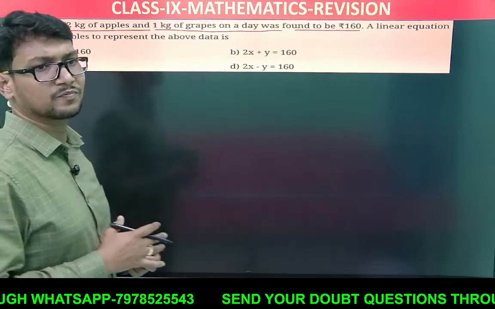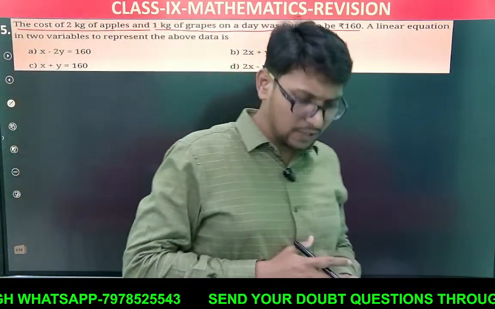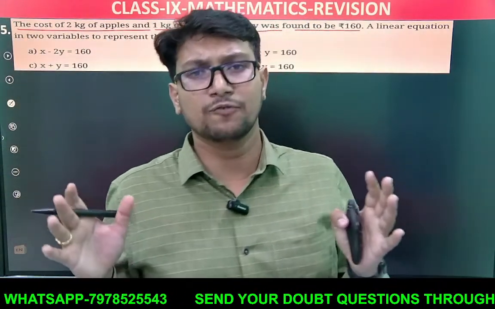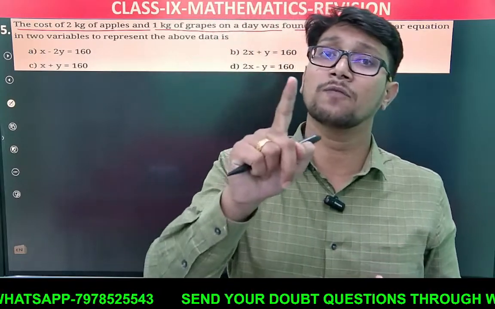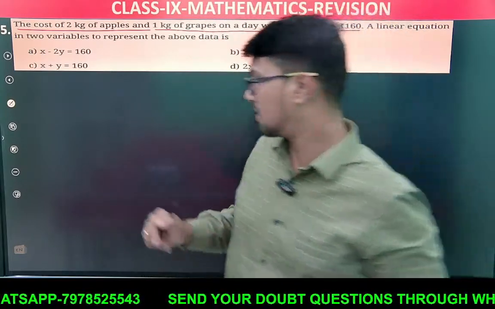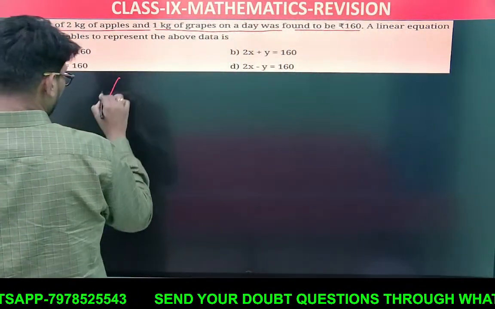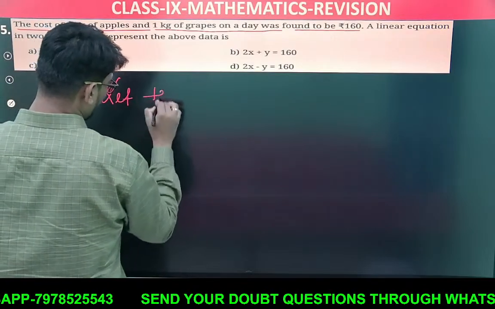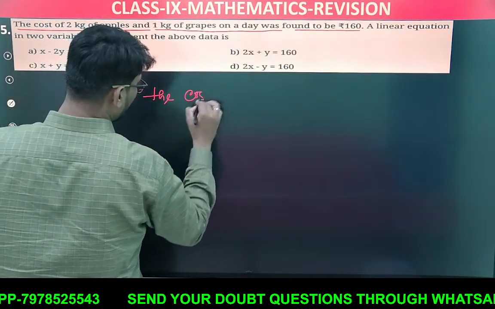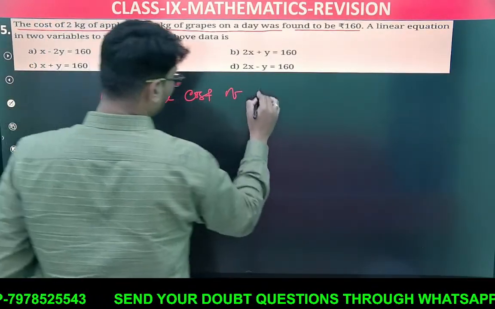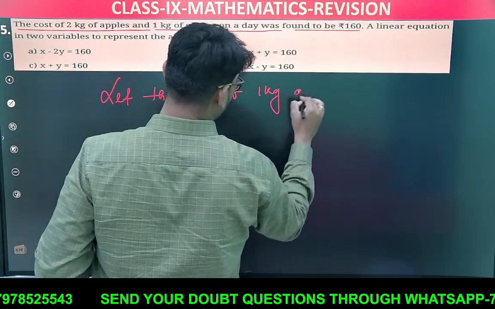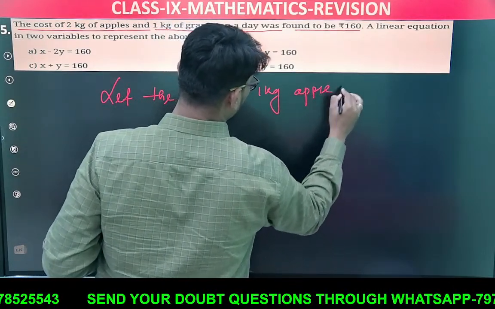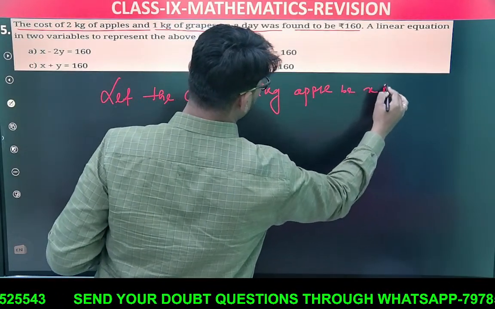So what shall we do right now? We have to assume: let the cost of 1 kg apple be x rupees.